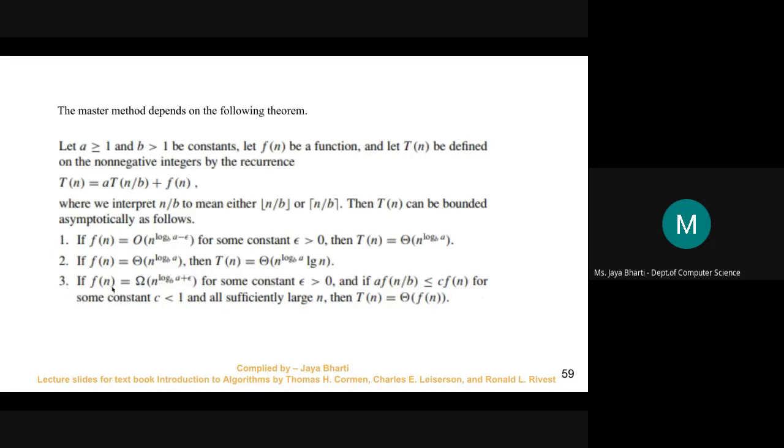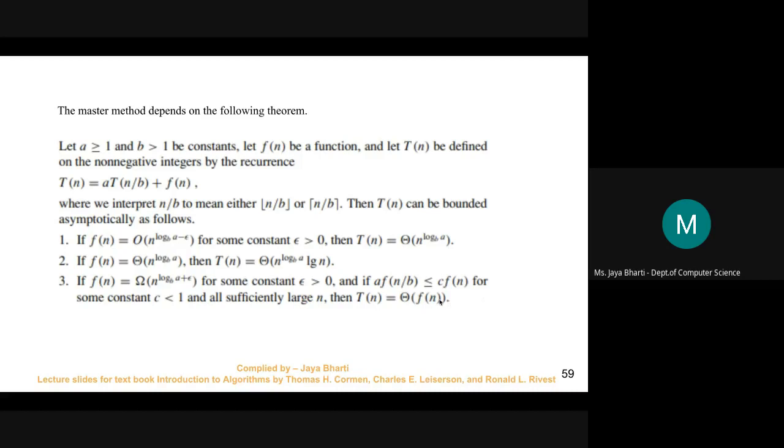And the third case is if f of n is equal to omega of n to the power log a base b plus epsilon, for some constant epsilon which is always greater than 0, and if a f of n by b is less than or equal to c f of n for some constant c and all sufficiently large n, then T of n will be only theta of f of n.